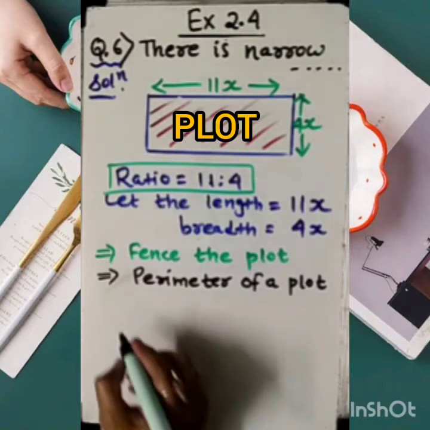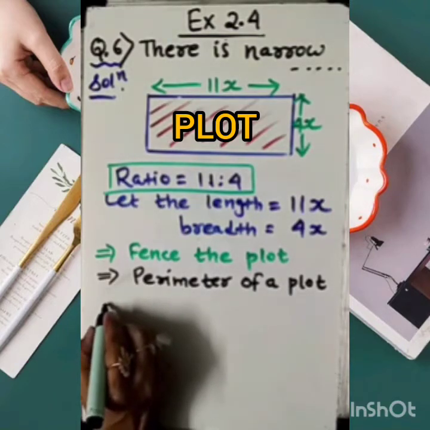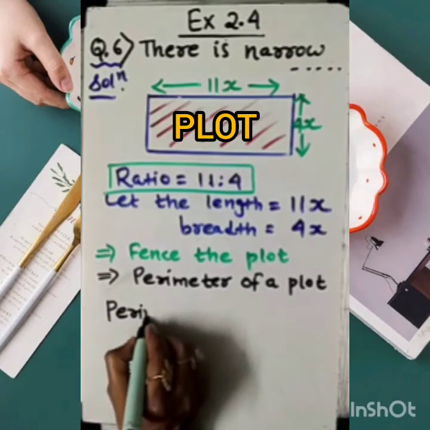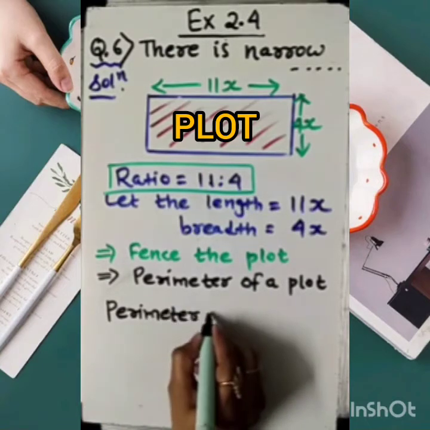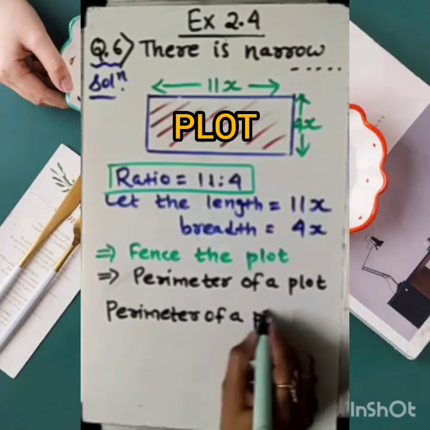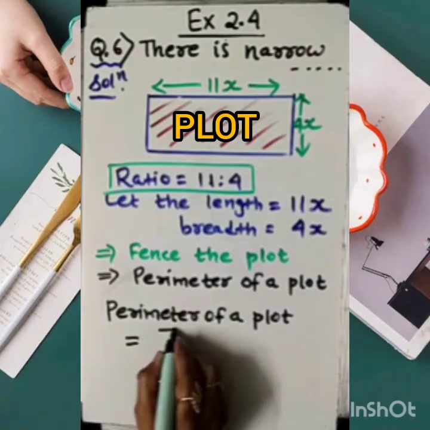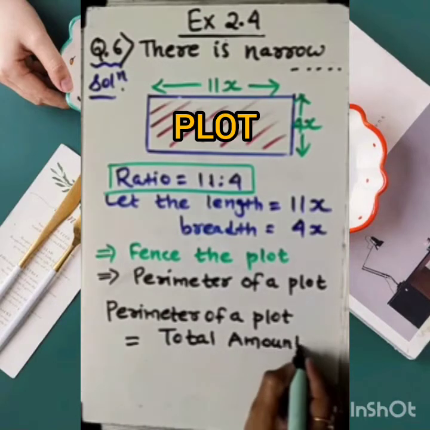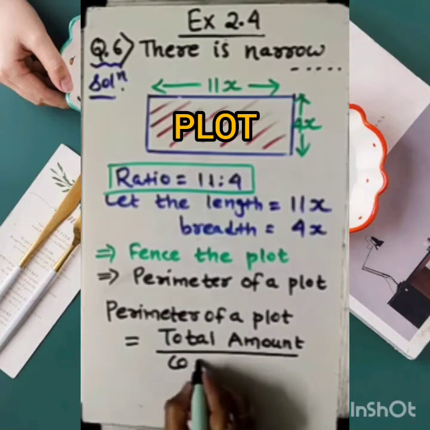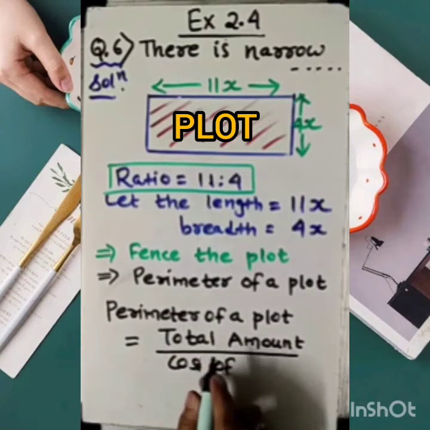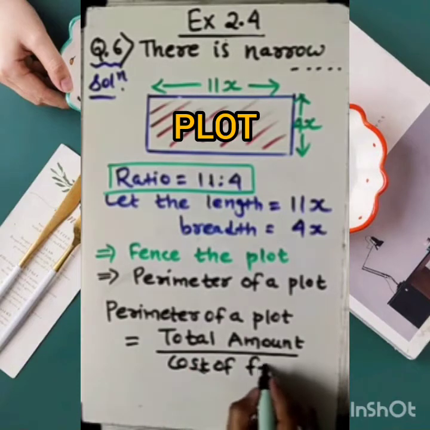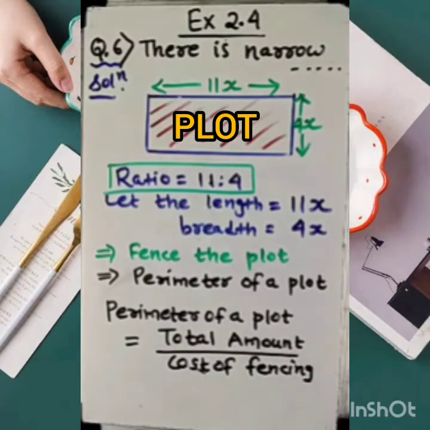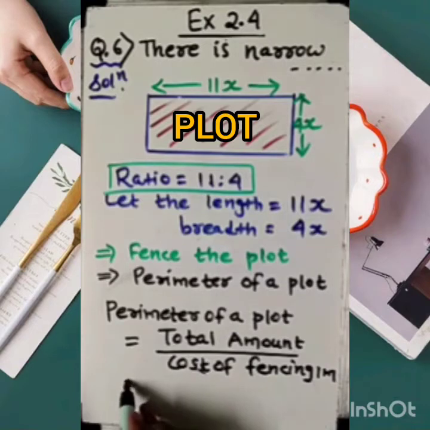So dear student, the perimeter of the plot is equal to the total amount upon the cost of fencing for 1 meter. Here I am mentioning the cost of fencing for 1 meter.